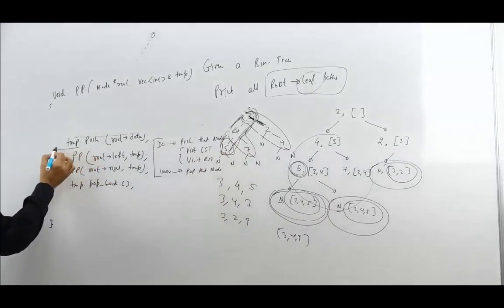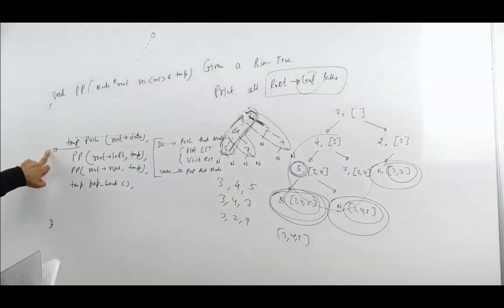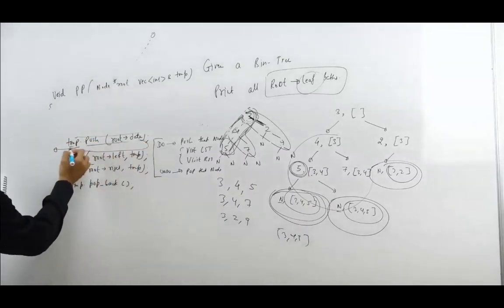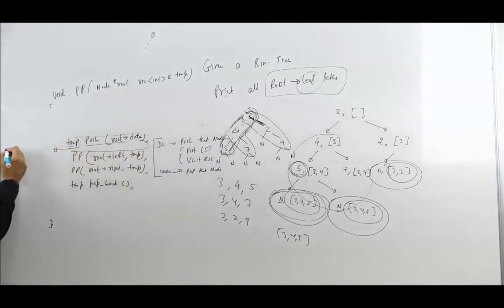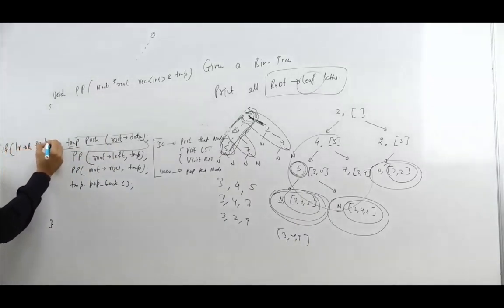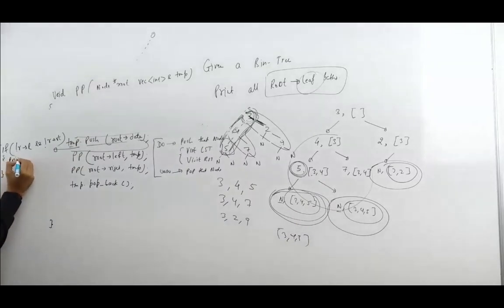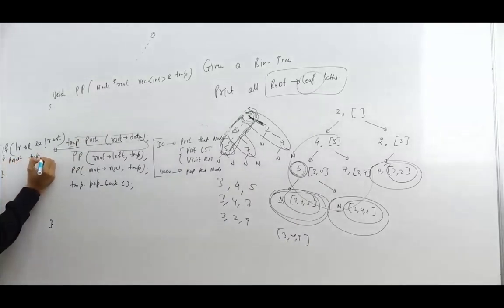So over here, I'll have some condition. Okay, just look at that. So I'm going to write something in this part. I don't have space, so I'm writing it here. So I would say if root left is null and root right is also null, that means the current node is a leaf. And if the current node is a leaf, then I'll print the contents of my temp, and then I'll return.